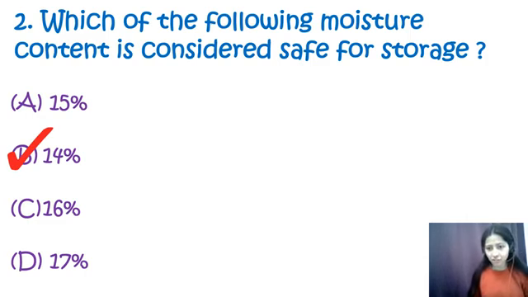However, as a general rule, grain should be dried to a moisture content of 14% or less. This helps avoid problems such as molds, discoloration of the grains, respiration losses or insect damage. So the correct option is B, that is 14%.